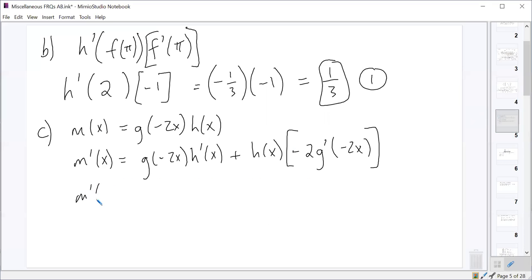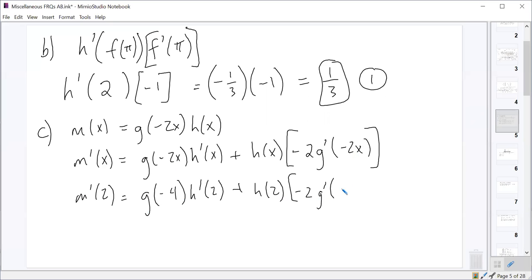So m prime of 2 ought to be g of -4, h prime of 2, plus h of 2 times -2 times g prime of -4. And now we'll have to go back and look at the graph and look at the chart to figure out what all those things are.